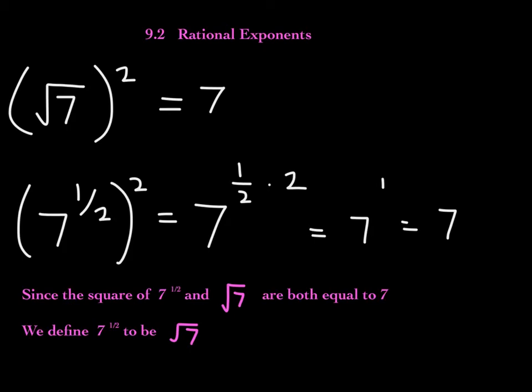So, because we see that the square of 7 to the 1/2 and the square of the square root of 7 are both equal to 7, we define 7 to the 1/2 power to be the square root of 7. So then what I'm saying is we have 7 to the 1/2 power is the square root of 7.